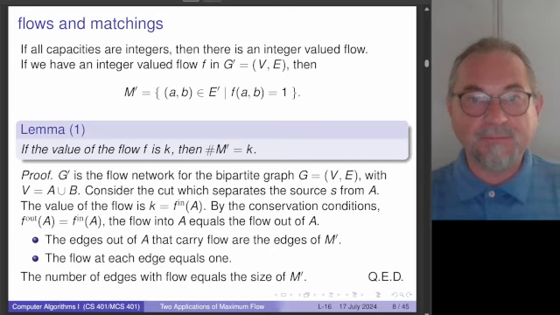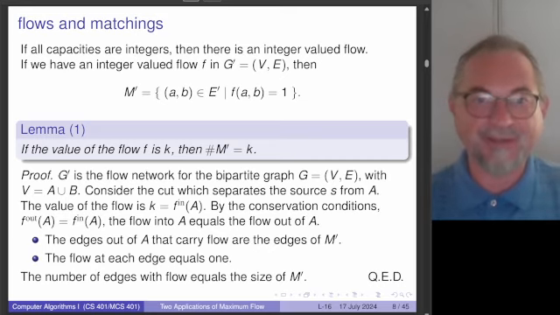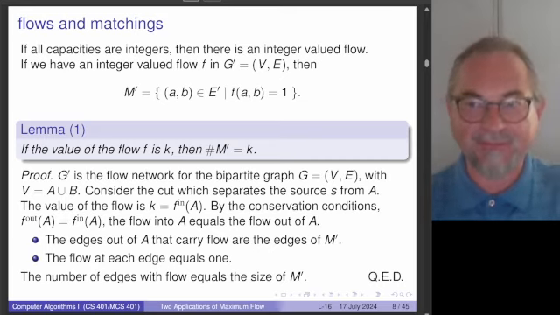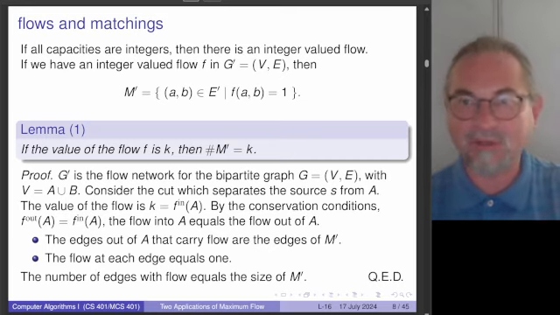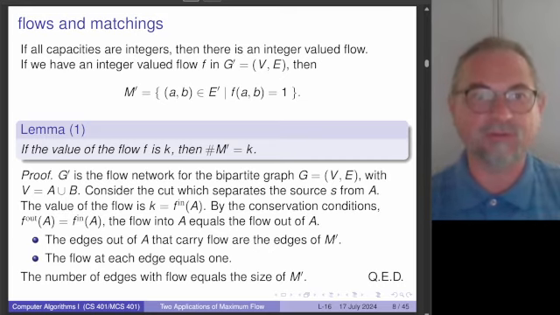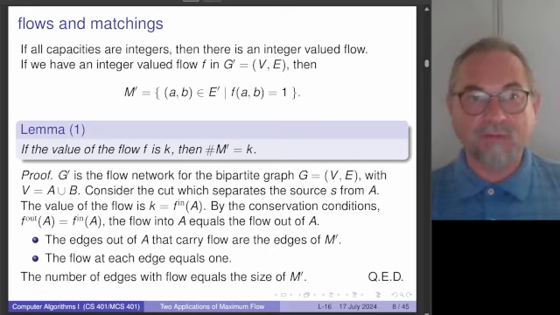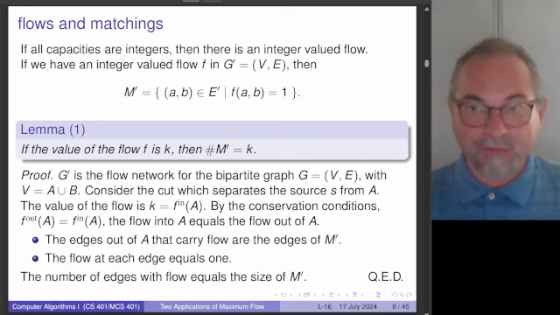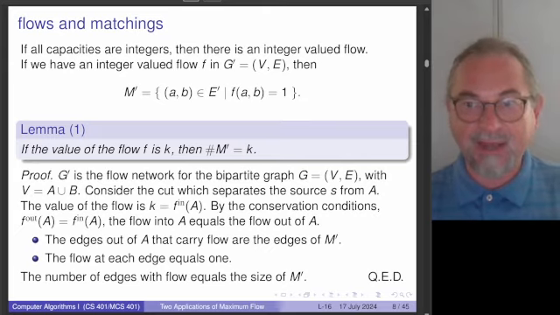Okay, now the opposite. We have a matching, then we have a flow. That's the solution of exercise 1. On the other way around, if we have a flow, can we define a matching?